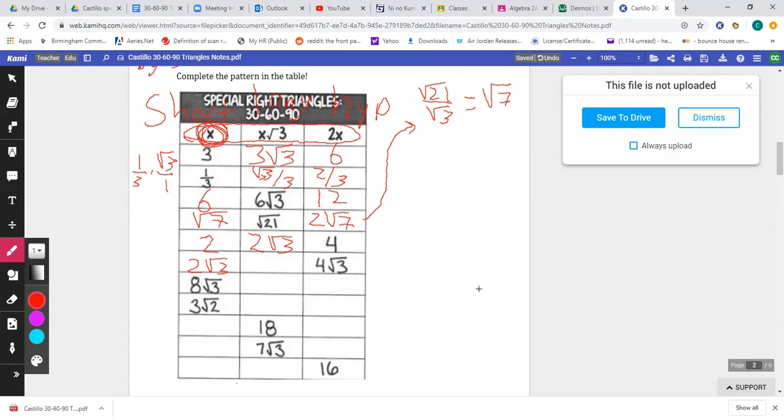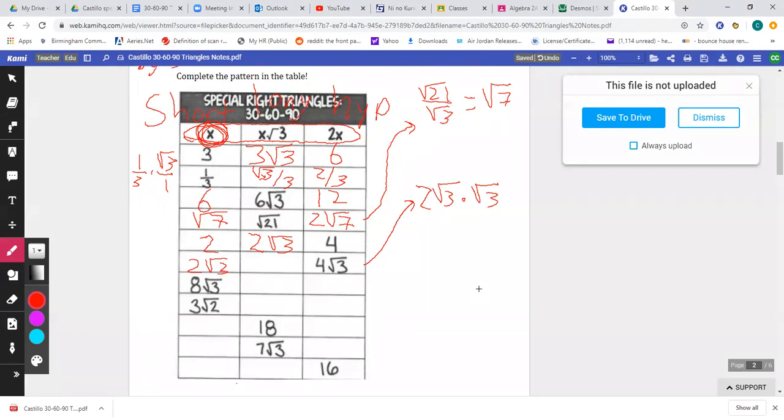Okay. So, how do we find the long leg here? We're going to take 2√3 and multiply it by √3. And if you remember, when we did 45, 45, 90, I think most of you here in this lecture were here on the 45, 45, 90.